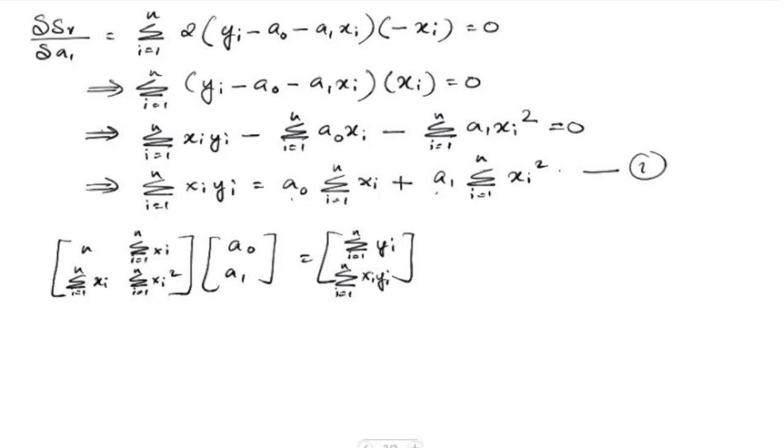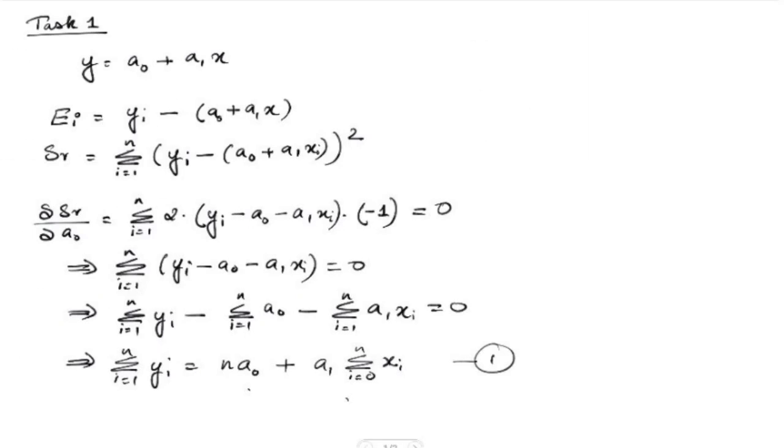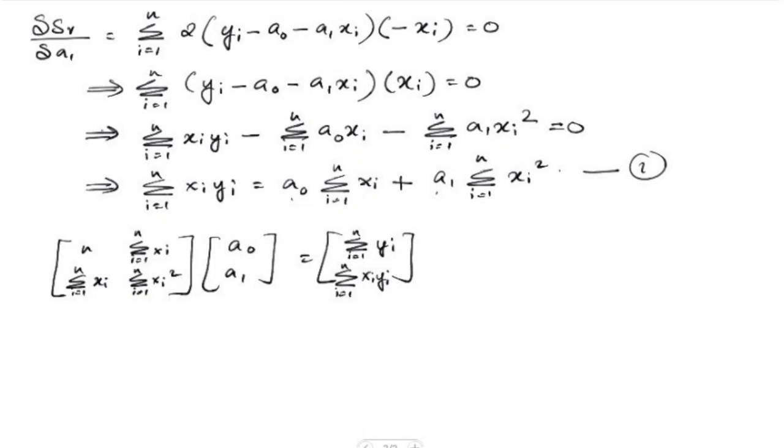Now we can arrive at our equations here. That's like taking the first row times the first column, equal to the b vector. That's exactly what we did in the first equation, right? So you'll have n times a0 plus summation of xi times a1 is equal to summation of yi.